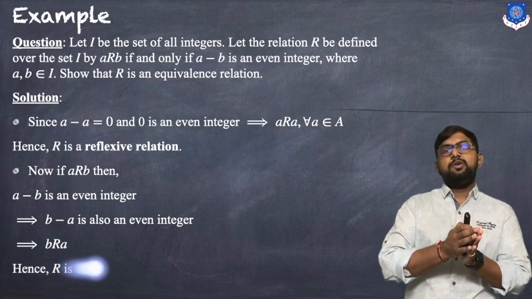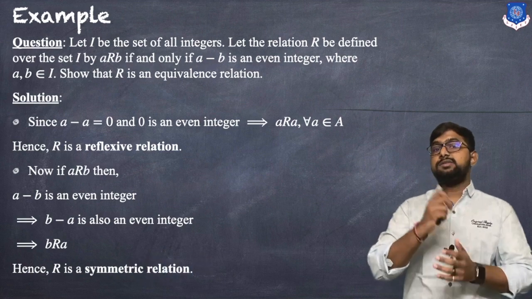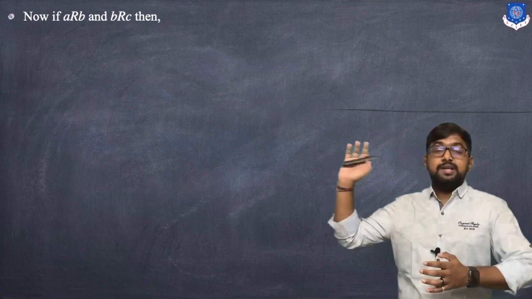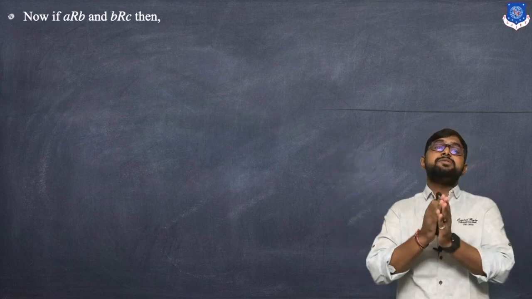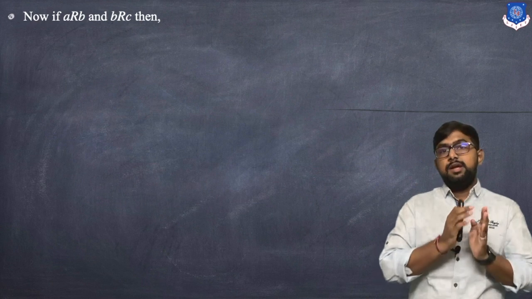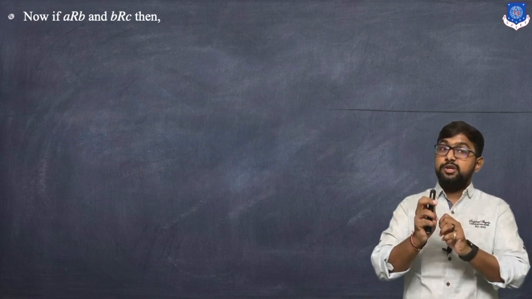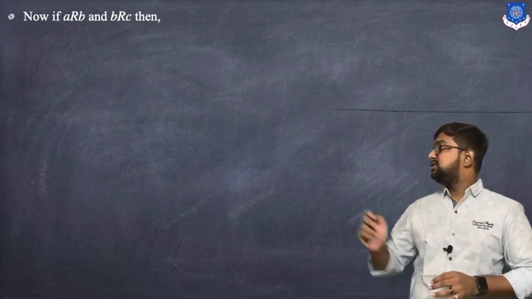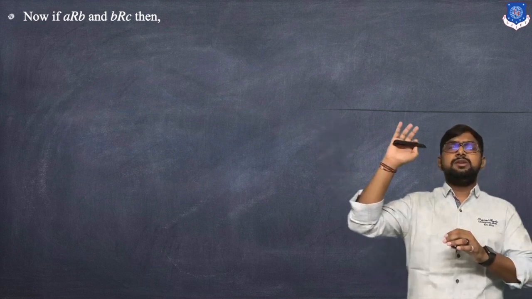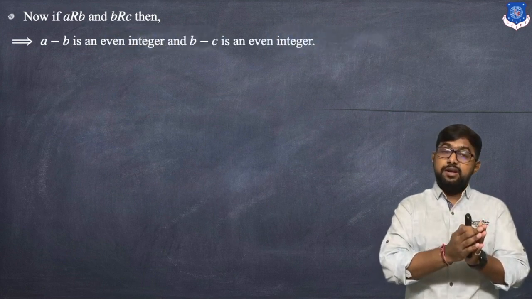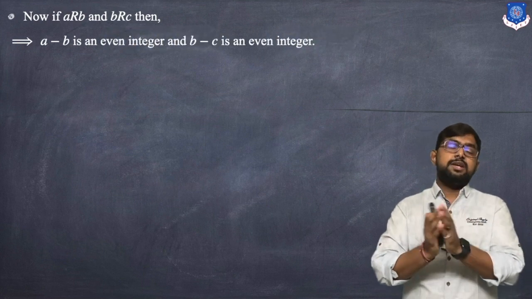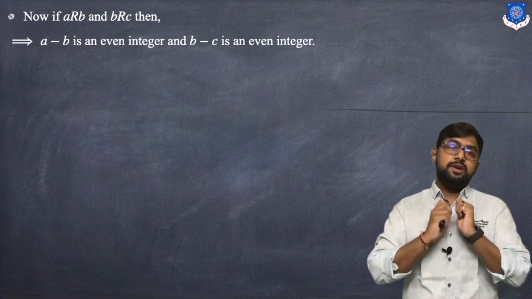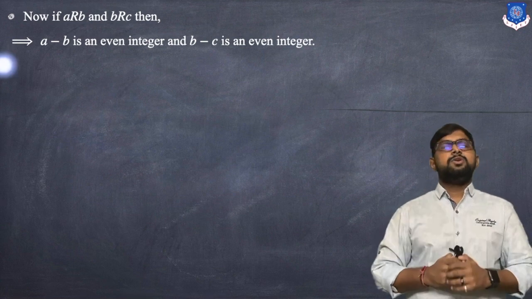So if a is related to b then b is related to a, and it is a symmetric relation. Now for transitivity, if a is related to b and b is related to c, then a has to be related to c. So first we assume that a is related to b and b is related to c. By the definition, a minus b is an even integer and also b minus c is an even integer. Both are even integers, so we can add them.